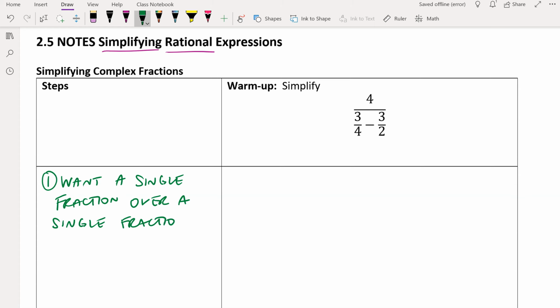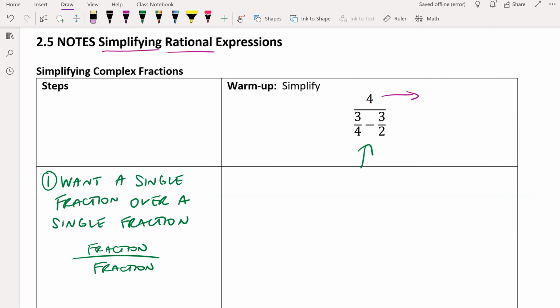So what we want is something that looks like this. Fraction over fraction. All right, so that's what we want to get to. Right now, we have 4 over 2 fractions. So really quick, if we were going to write 4 as a fraction, what fraction could we write 4 as?